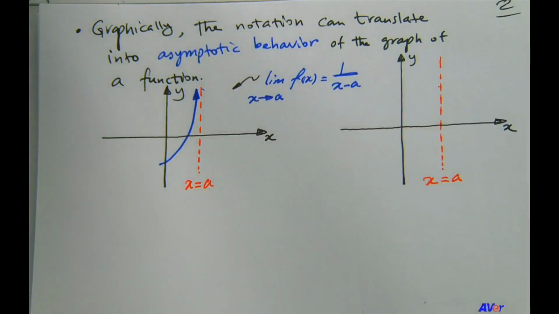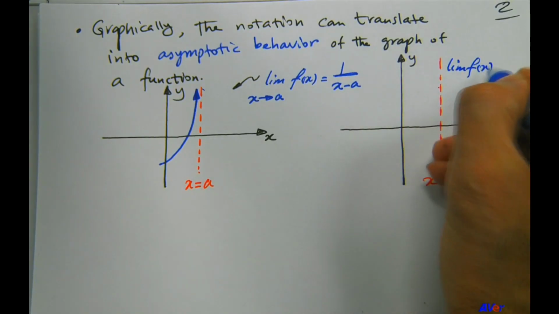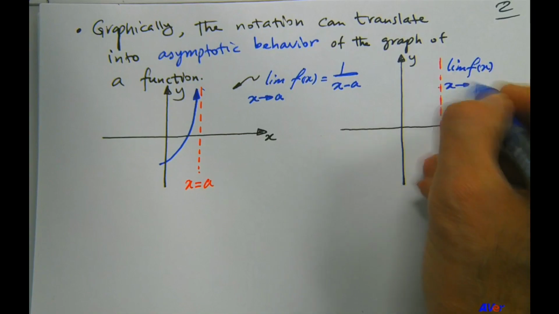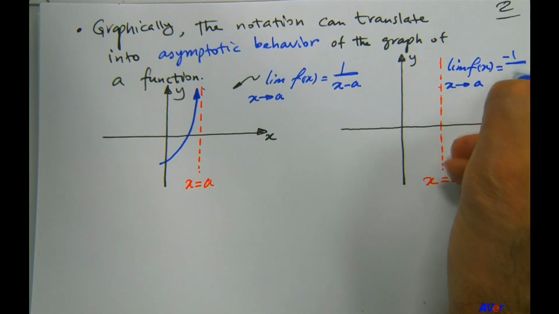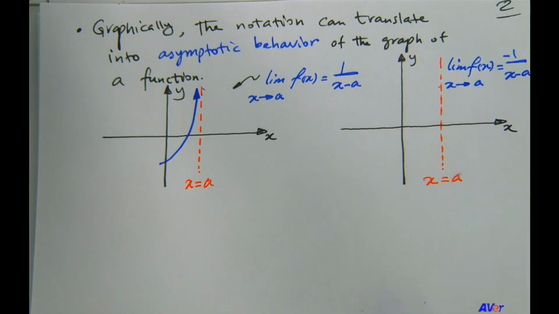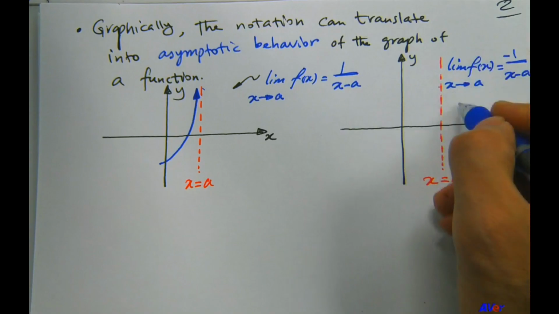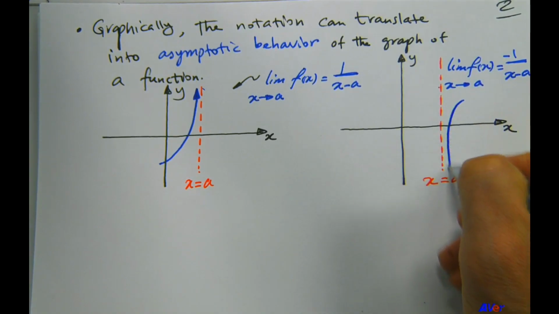And then we could have another one saying limit of f of x as x approaches a equals minus 1 over x minus a. So again, we have an asymptote at a, but this time our function approaches getting closer and closer to negative infinity. So we have this kind of behavior.